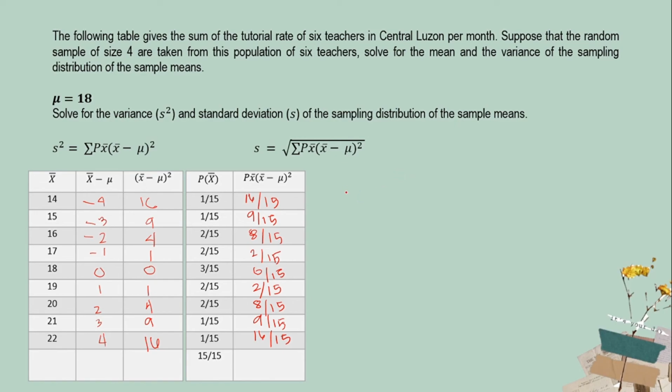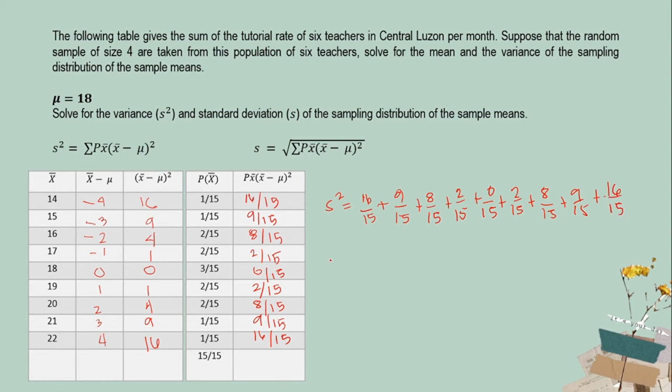So for the variance, we can now solve by adding all of these. So 16 over 15 plus 9 over 15 plus 4 over 15 plus 1 over 15 plus 0 over 15 plus 1 over 15 plus 4 over 15 plus 9 over 15 and 16 over 15.